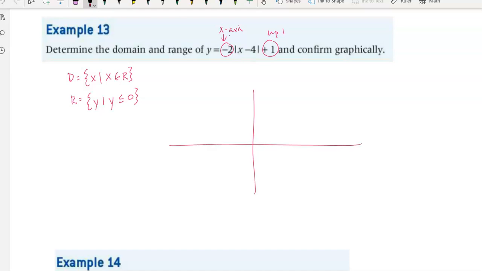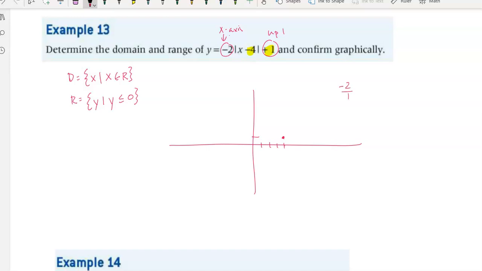If I graph it, first I'm going to figure out my vertex. So 4 and 1: 1, 2, 3, 4, 1. Now that's going to be my maximum point right there. And then I'll treat this like slope, because these are linear functions, right? So you can go negative 2 over 1.